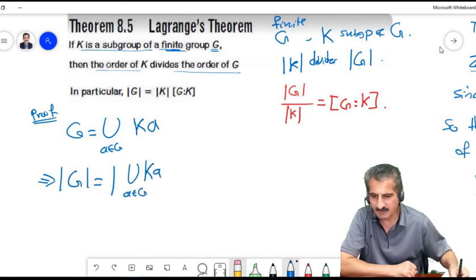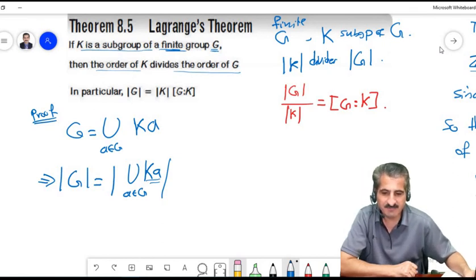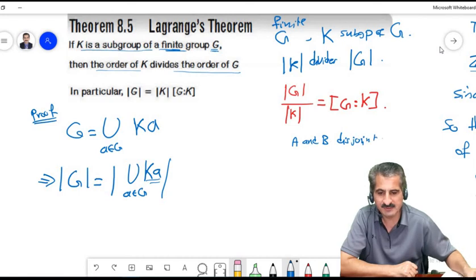But we know that all of these cosets are disjoint, okay? And once we have two disjoint sets A and B, then the order of their union equals the addition of their orders.